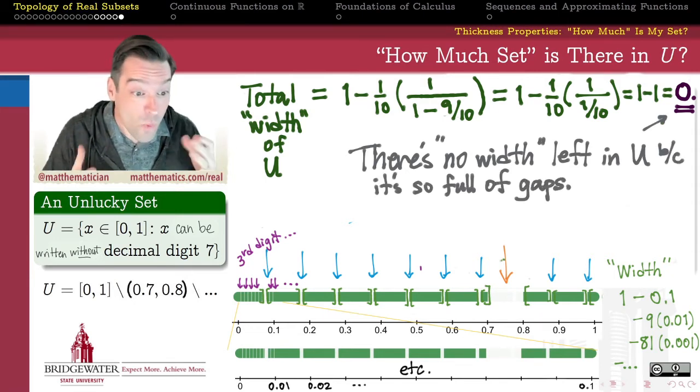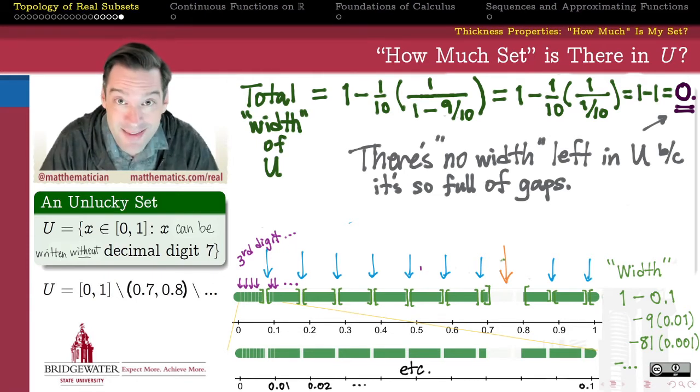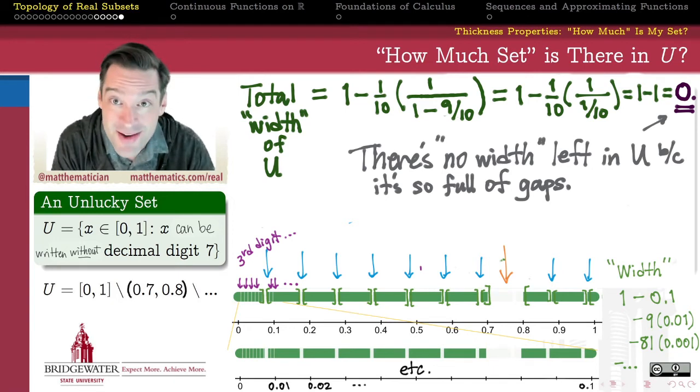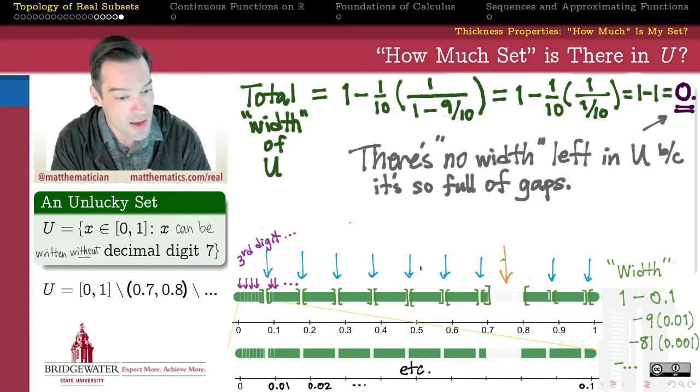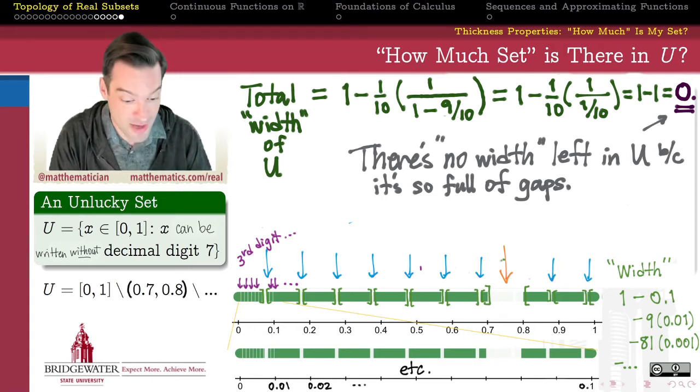Somehow there is no width left in my set because we have shot it so full of holes that there's no meat left on the bones by the time I've taken away everything that has a 7 in its decimal representation. And so it doesn't seem like there's a whole lot of set left after I've removed everything.